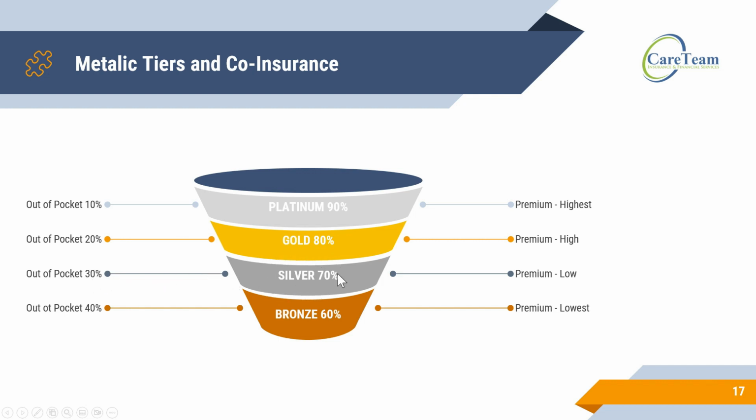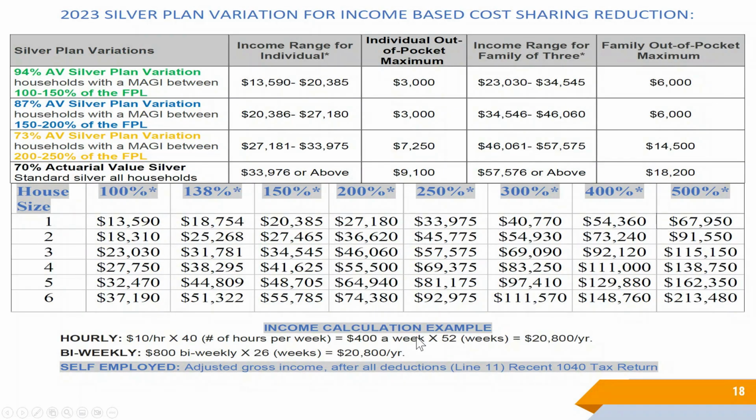But silver is what I want to kind of focus on right here, because remember earlier I mentioned that if you're eligible for cost sharing reduction, that is only going to apply on the silver plans. So here's a chart, and I want everyone to have this chart somewhere that is very easy for them to see as they're enrolling people, because this is going to help you know where people fall.